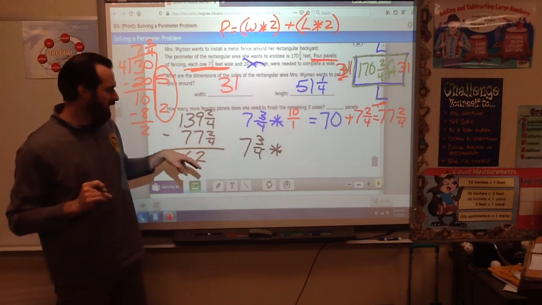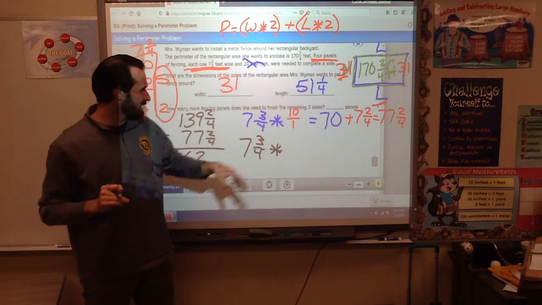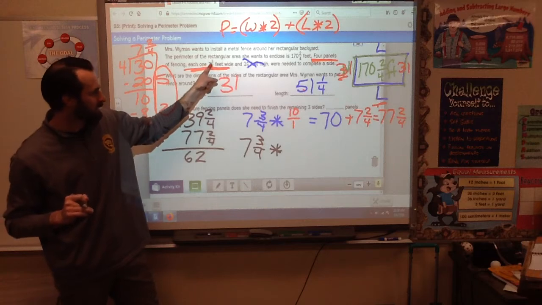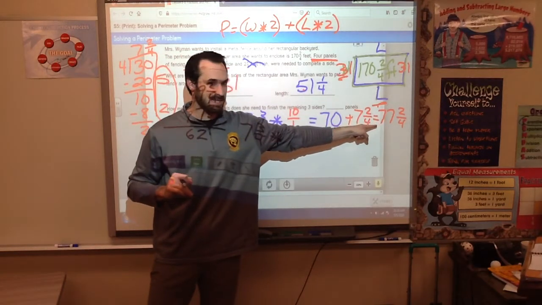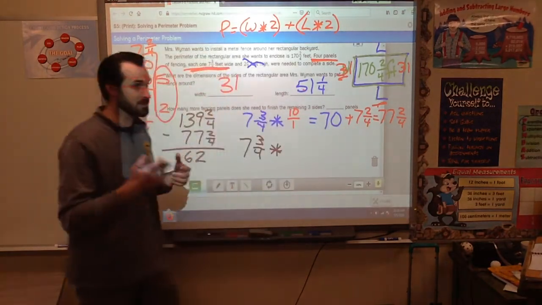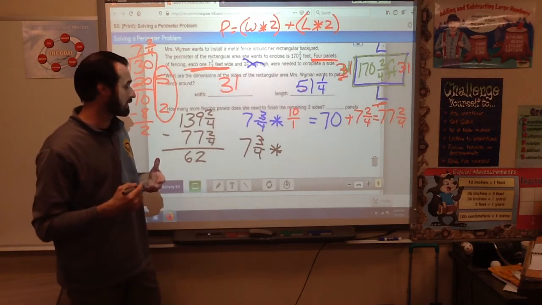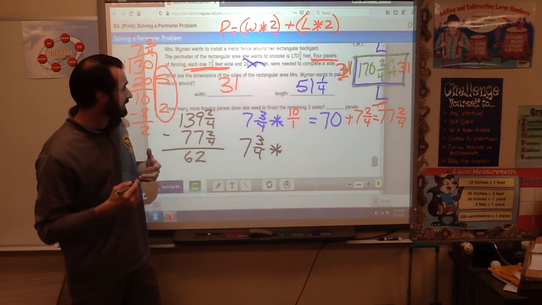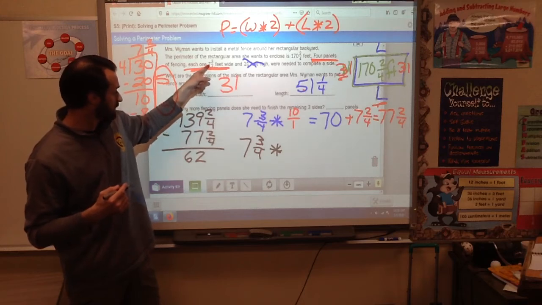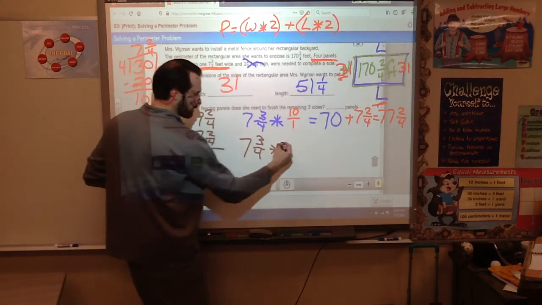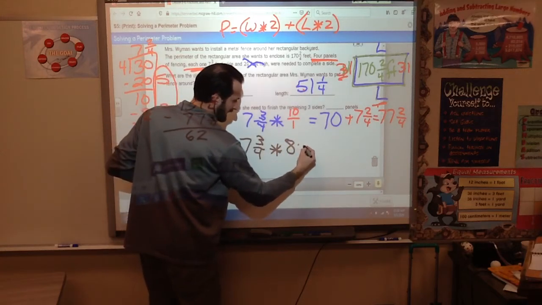Well, if I do 9, I'm only going to take away about 70. I'm estimating. This is how estimating is important. If I do 8, it's going to be like taking almost 14 away less. So let's try multiplying this by 8.